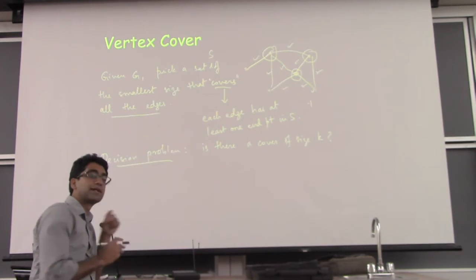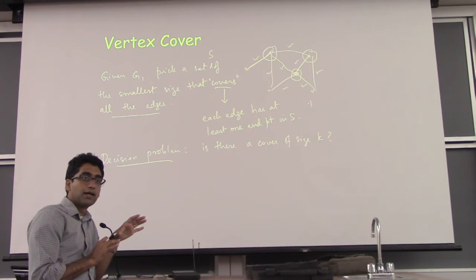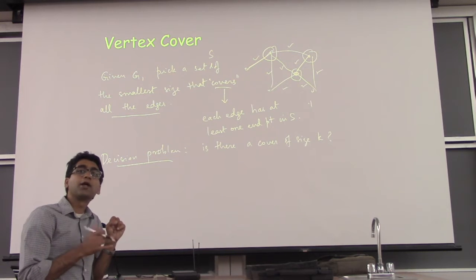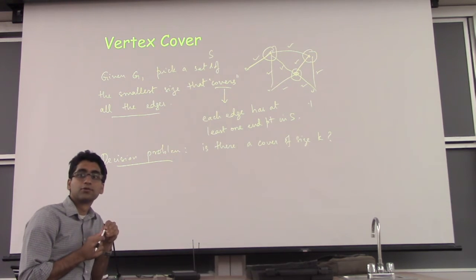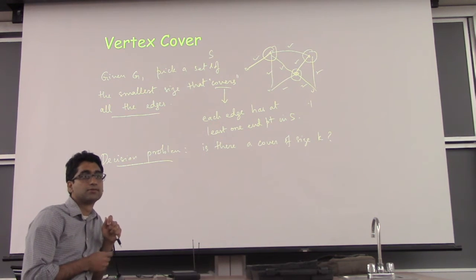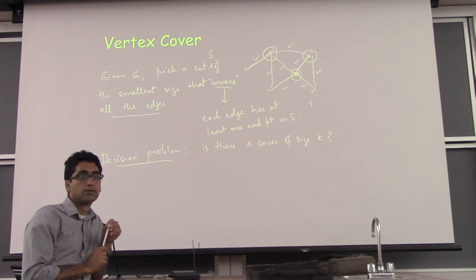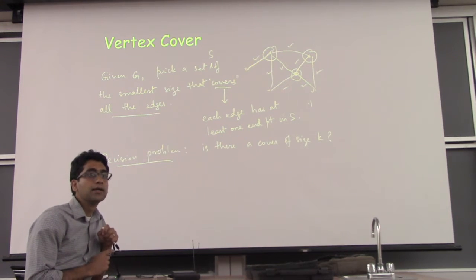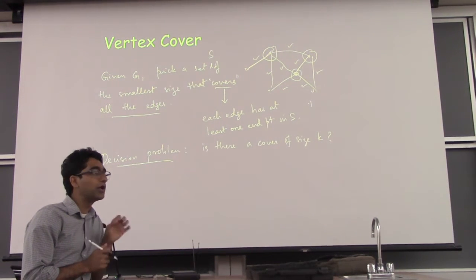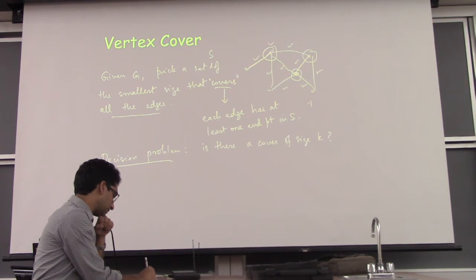Suppose you take a vertex cover and you look at the vertices that are not in the cover. What can you say about those vertices? Yeah, so the point is, this is a vertex cover, right?